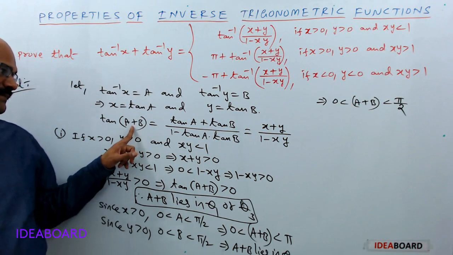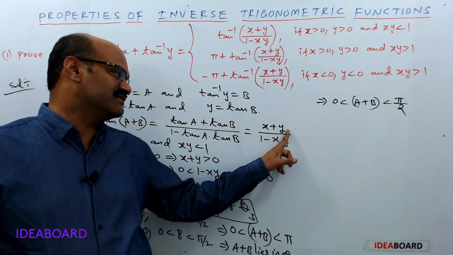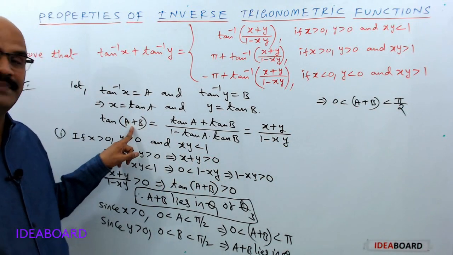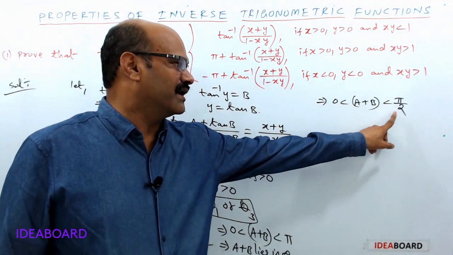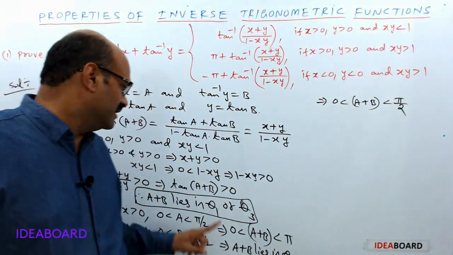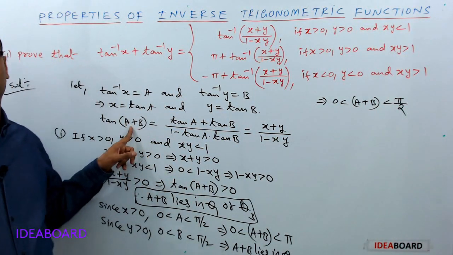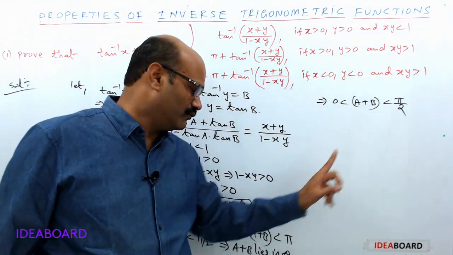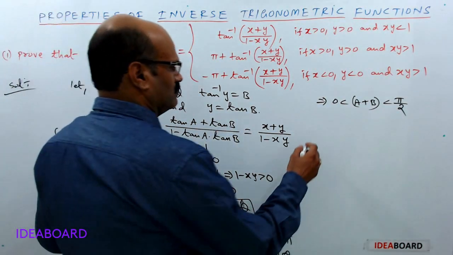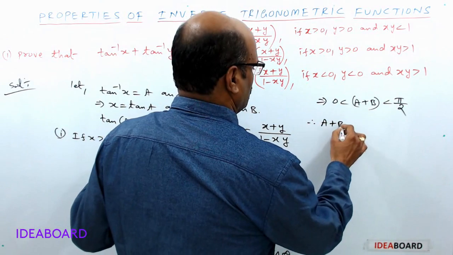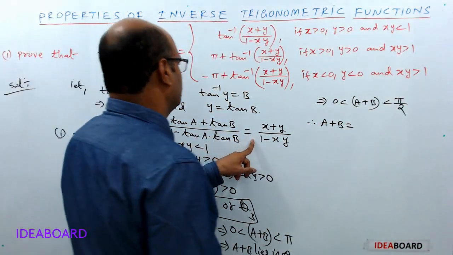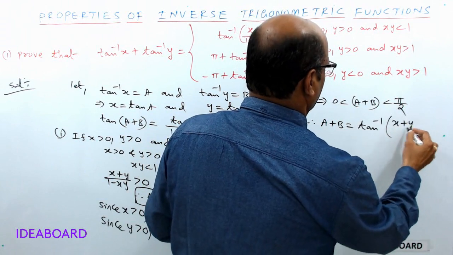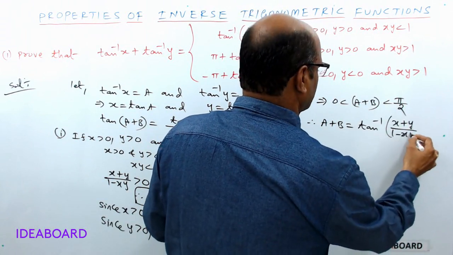We have tan of (a plus b) equal to (x plus y) by (1 minus xy). And here a plus b lies between 0 and pi by 2, so the inverse of this function exists. Therefore, a plus b equals tan inverse of (x plus y) by (1 minus xy).